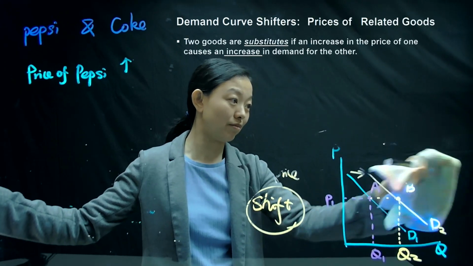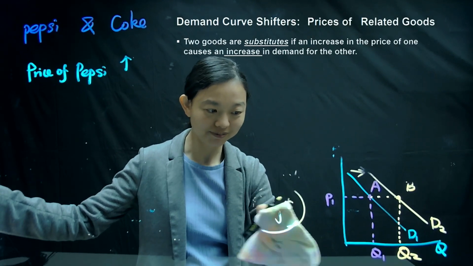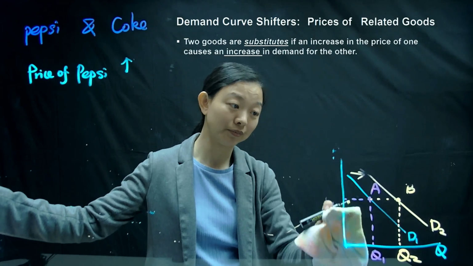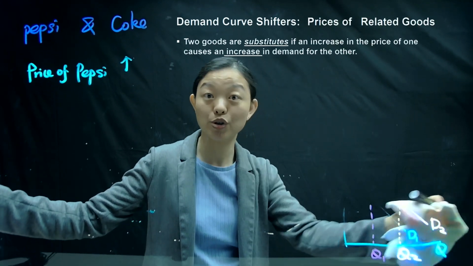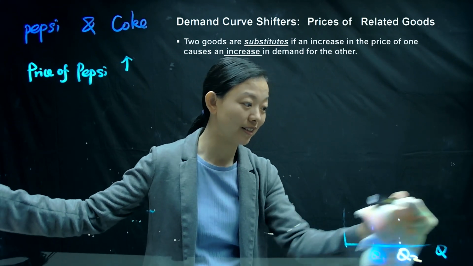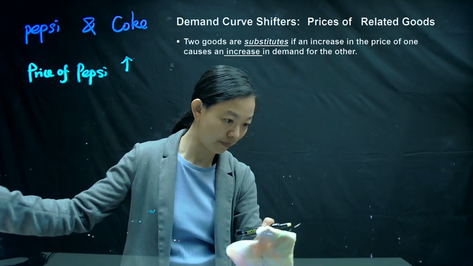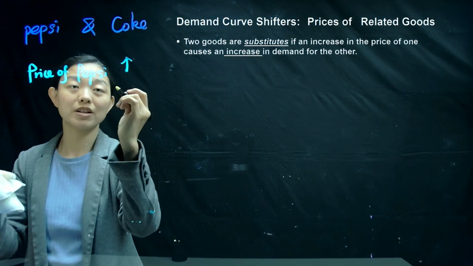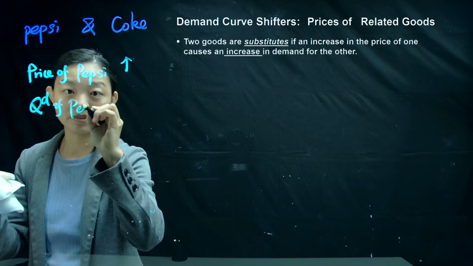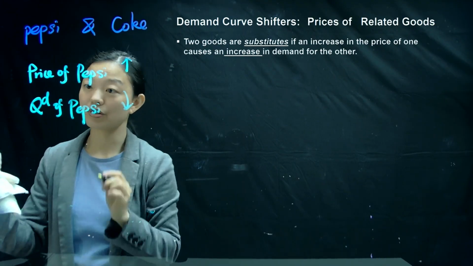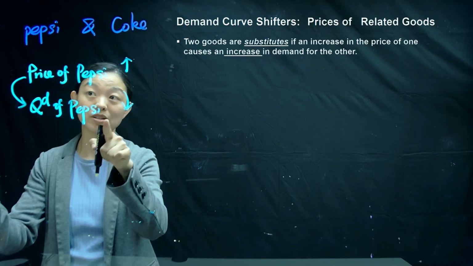First, consumers would decrease their quantity demand for Pepsi, right? Makes sense or not? The price of Pepsi is higher, so consumers might switch to buy more Coke, right? So here, the price of Pepsi increases, and the quantity demand of Pepsi decreases, right? That is a very direct impact on Pepsi's quantity demand.